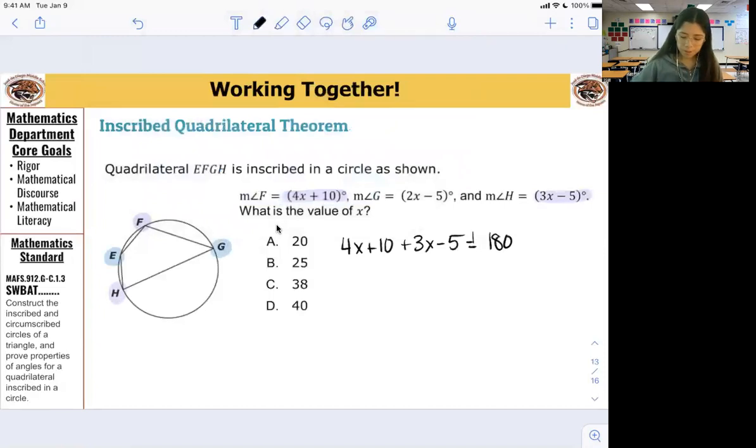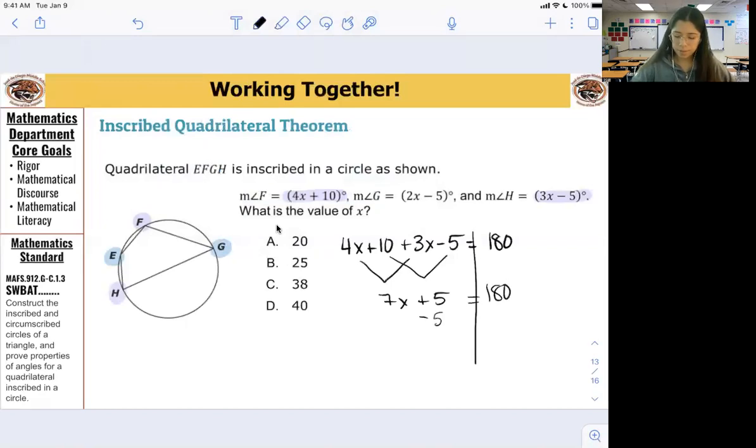Now we're just solving for x. So combining like terms, what do I get? Good. 7x plus 5 equals 180.